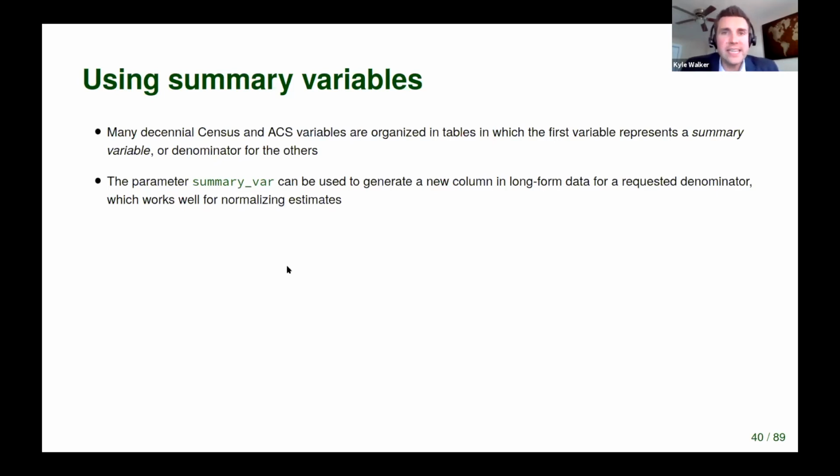There's functionality in Tidycensus to create almost a combined or fused long and wide table that allows you to have your data in long form, but then tacks on a summary variable and a summary estimate in the case of the ACS that can be used to normalize your data. Because, as analysts, this is something that we have to deal with all the time.